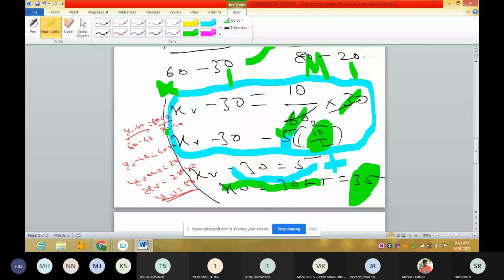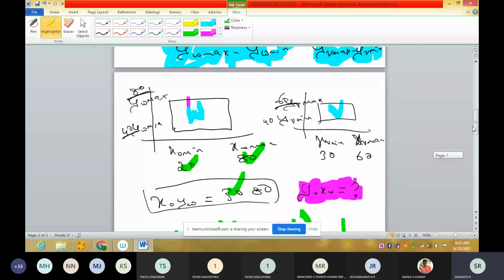Look here: XW, YW is 30, 80. So YW is 80. YW minimum is 40. YW maximum is 80.